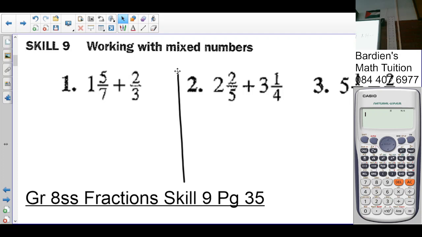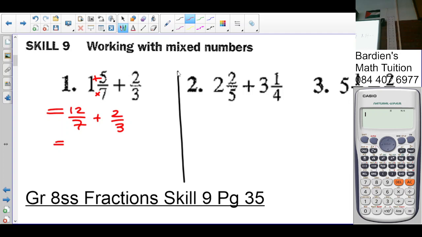I know how to mark it as well. You'll see on the memos both methods are given. So I always convert to improper fractions if necessary. That will give me 7 plus 5 is 12 over 7 plus 2 over 3. Alright, so what is your LCM here?